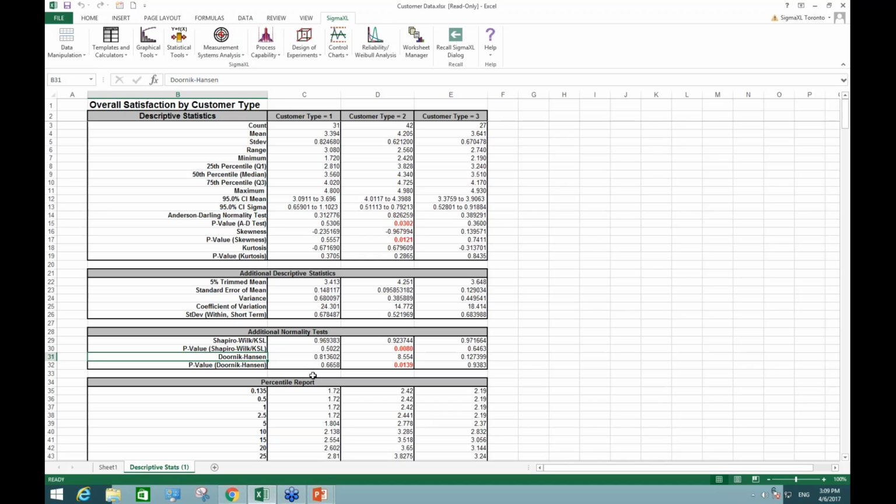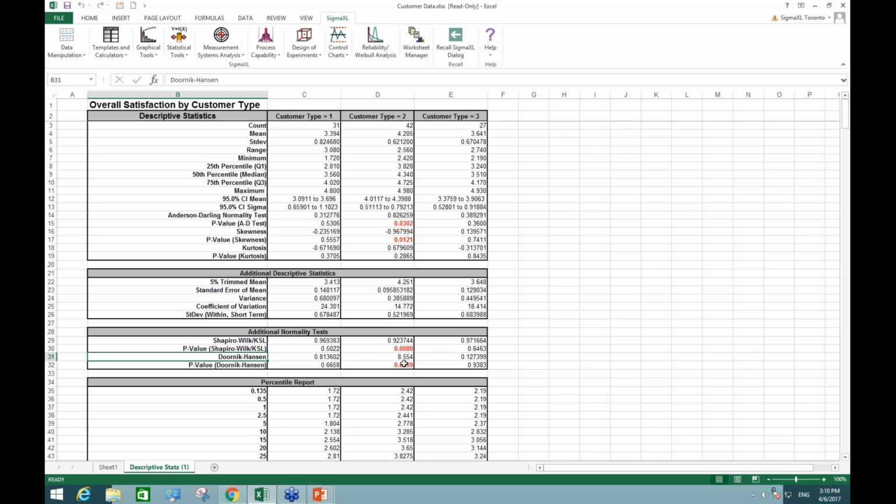If the data, due to measurement discrimination or count data, have ties, those other two, Anderson-Darling and Shapiro-Wilk, will typically trigger that type of data as non-normal, whereas Doornik-Hansen will not. Doornik-Hansen uses skewness and kurtosis, and therefore is a better choice when you have that so-called chunky data.